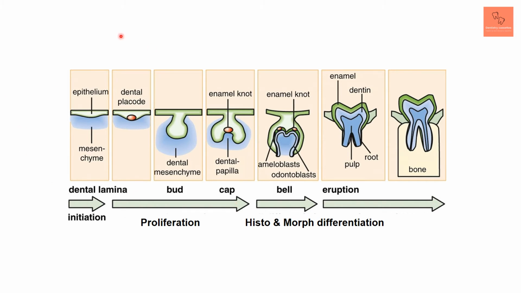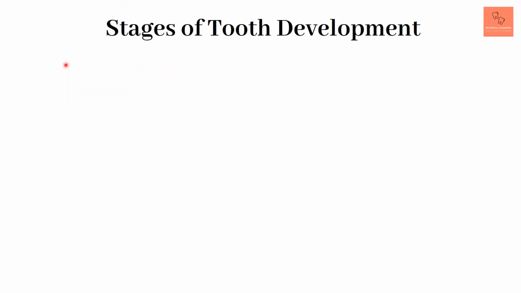So briefly, recalling our previous knowledge, we know that the development of teeth is a complex process that starts from formation of tooth buds in the gums and ends with eruption of teeth into the mouth. Here is a simple diagram showing the different stages of tooth development. The whole process is divided into various stages on the basis of physiology and morphology.